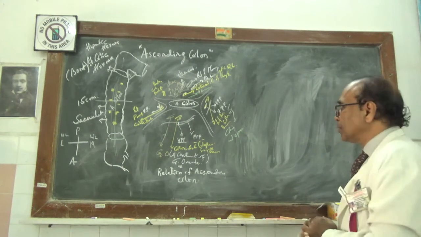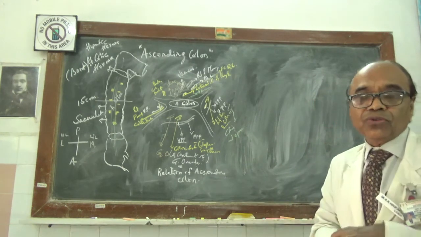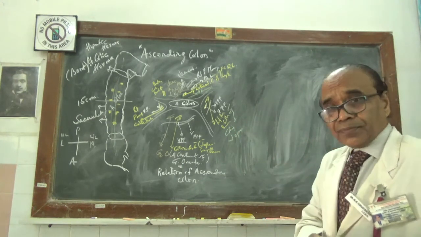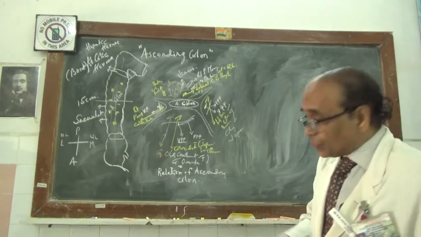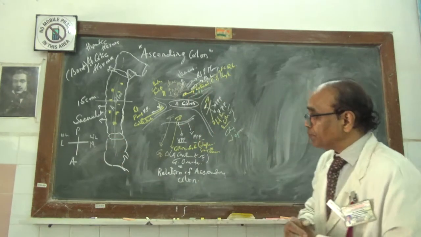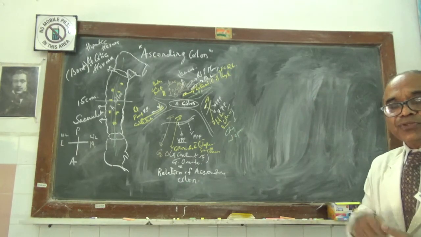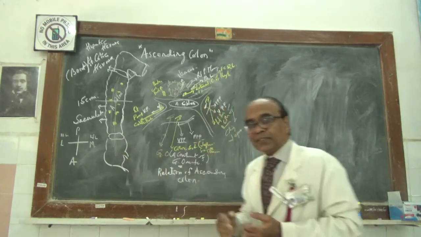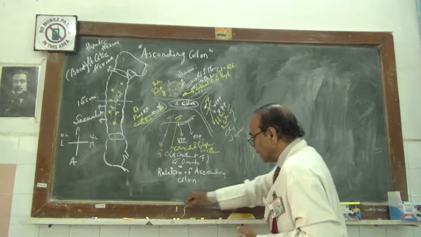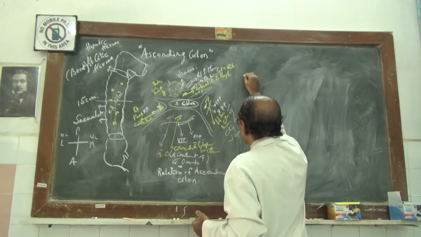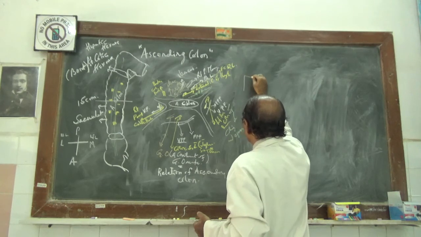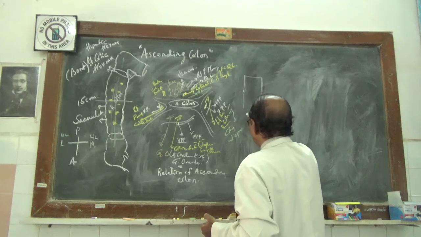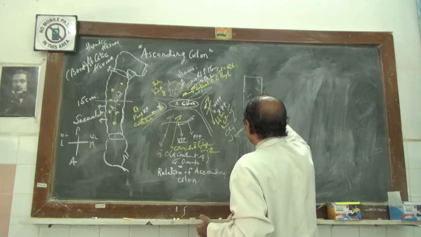Now, after this, you have to go to the internal part, the same as the other parts of the large intestine, which you will deal with a bit later, or which has been dealt with partially here. You take a cut section and it will appear like this. It is a cut edge of the ascending colon. Here you have mucosal folds.